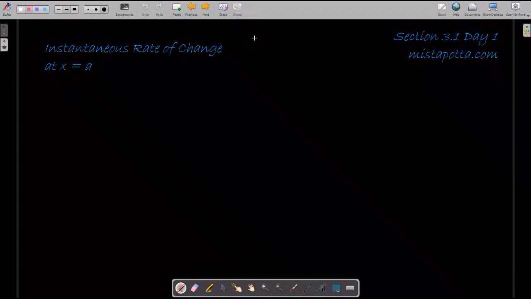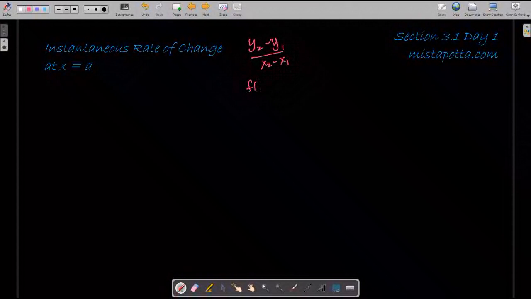Remember that we were originally talking about just average rate of change, which is our y2 minus y1 over x2 minus x1. And so we talked about this in terms of a function, f of x2 minus f of x1 over x2 minus x1, but we wanted to do it as this difference between x1 and x2 got smaller.